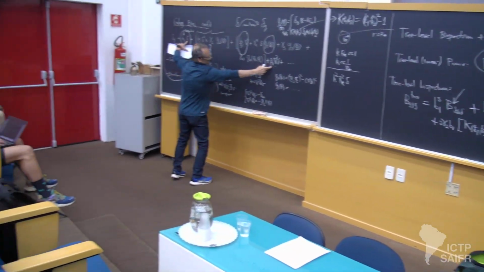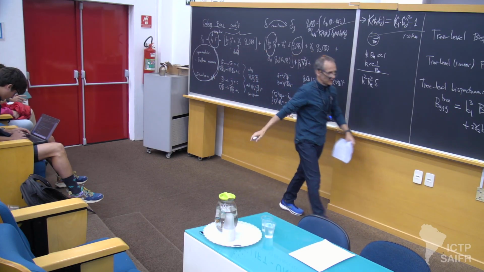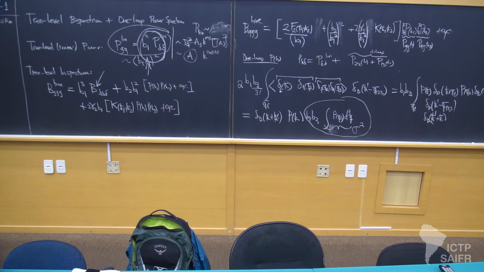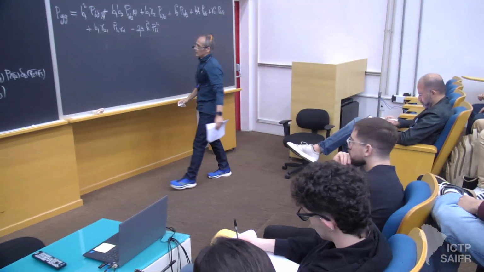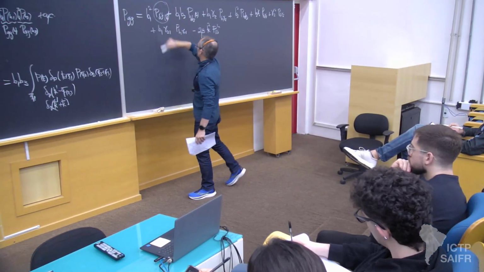Now I correlate with this guy. I get the power spectrum, but with a coefficient with a k squared in front. So this will be minus 2 beta now, k squared times P delta delta. So you can see this is the thing that we worked out that depends only on gravity.